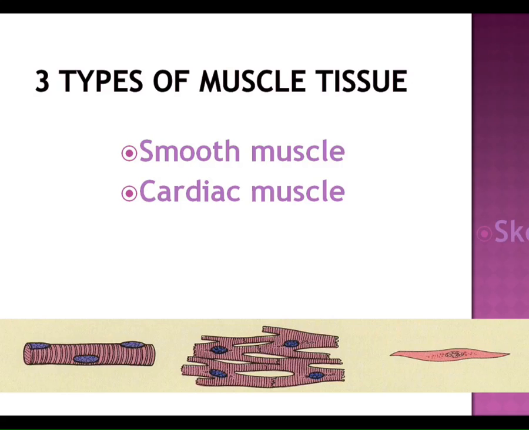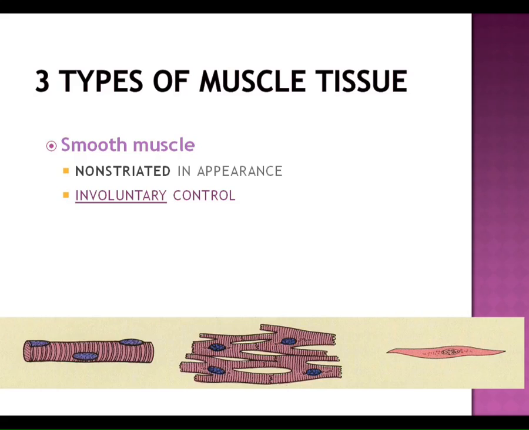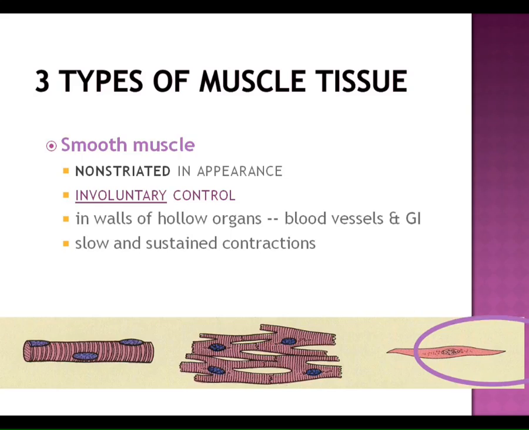All right, basic properties of these 3 muscles. For smooth muscle, we consider it to be non-striated, involuntary. This is old news, I think. We've done this before. So which one of these on the picture is smooth muscle? On the far right. Yeah, okay, good. Slow and sustained contractions.